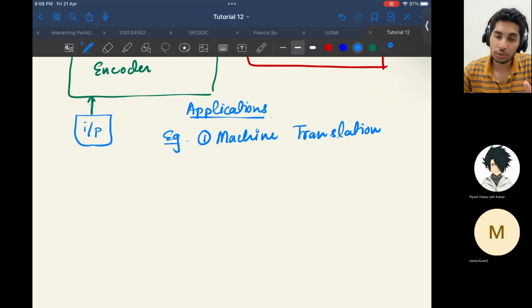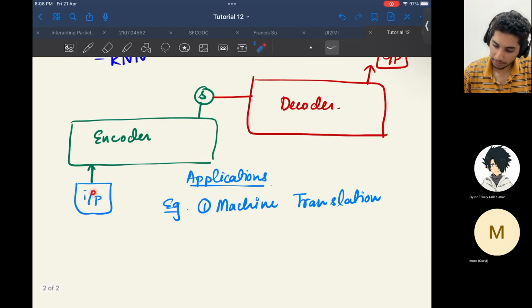So you want to take as input a French sentence.